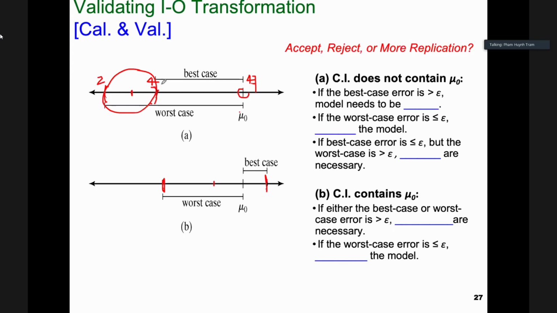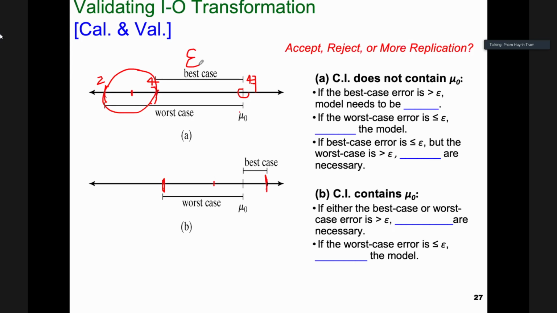How should we consider? Okay, so let's say I have an epsilon. Epsilon would be the allowable difference between the simulation model and the real system. It's just like when we discussed the probability of type 2 error. Here we can also involve epsilon.